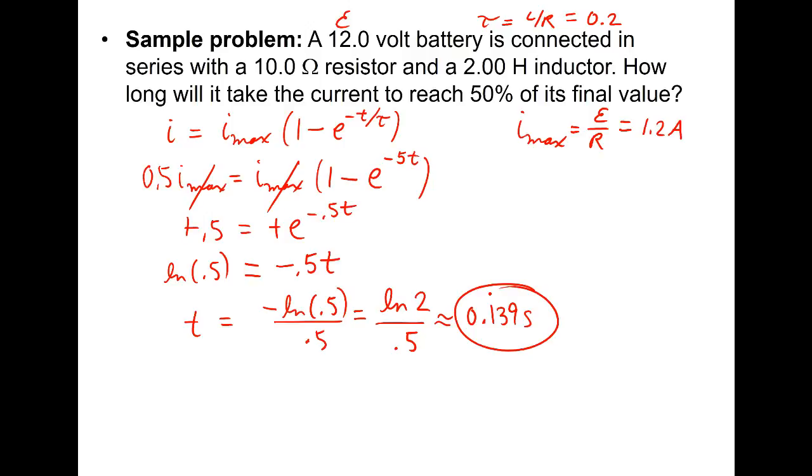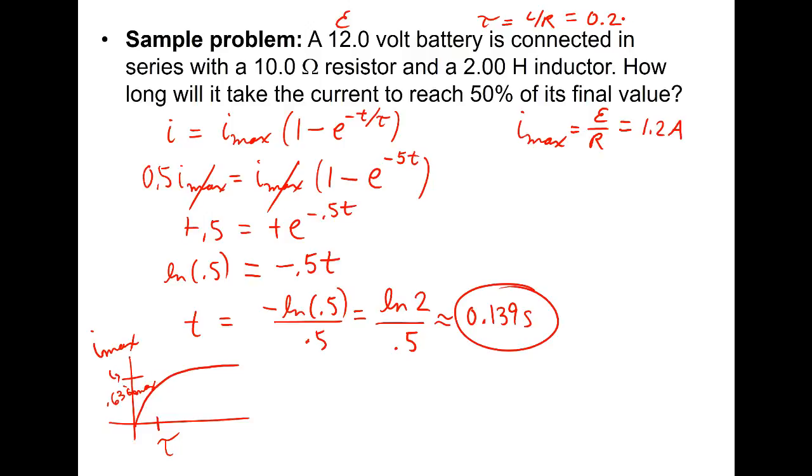Now let's think about this and see if this makes sense, because we know that in the space of one time constant the current is supposed to increase. My graph is not perfect. Tau is probably over here. So if this is I max, 1 tau is to get to 0.63 of I max, so 63% of its final value.